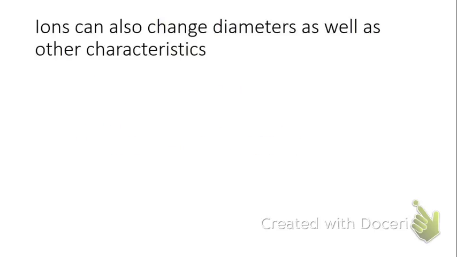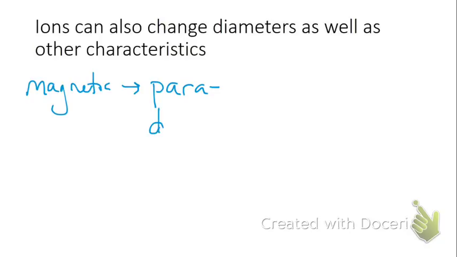We can also change the magnetic characteristics of these ions. And so there's two things that we're going to talk about: paramagnetism and diamagnetism. So paramagnetism means that you can be magnetized, or in a magnetic field you move.